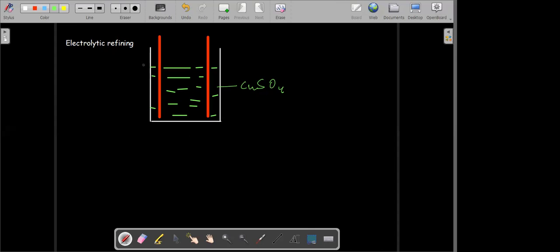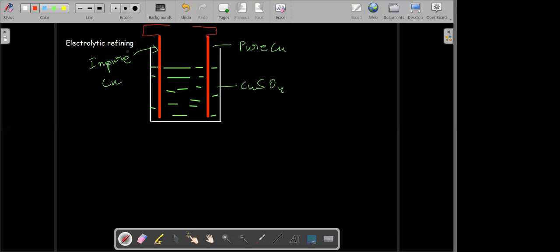So suppose this one is your impure copper. I consider this as an impure copper. And this rod to be made up of pure copper. Now I connect them with the help of a battery. Now it is to decide which one will be the positive electrode and which electrode will be the negative electrode.